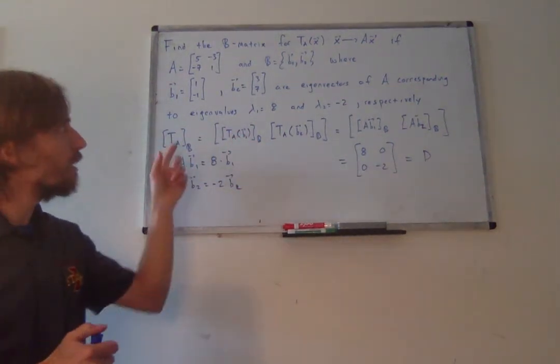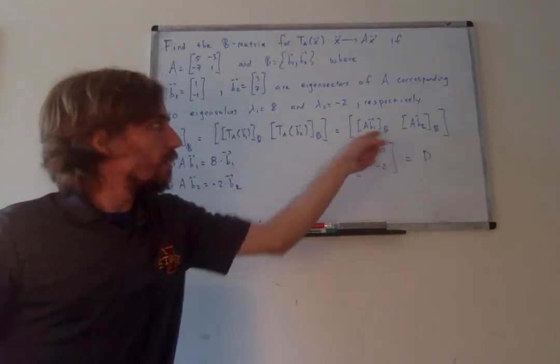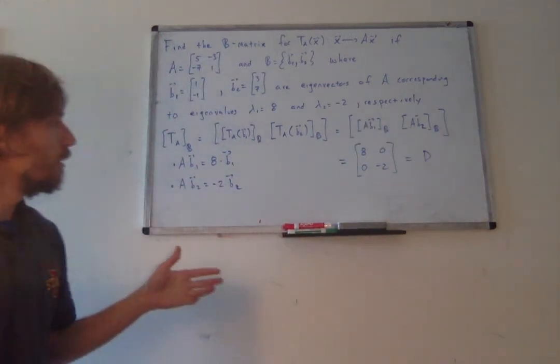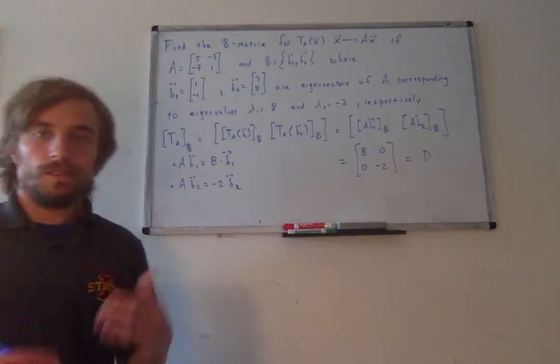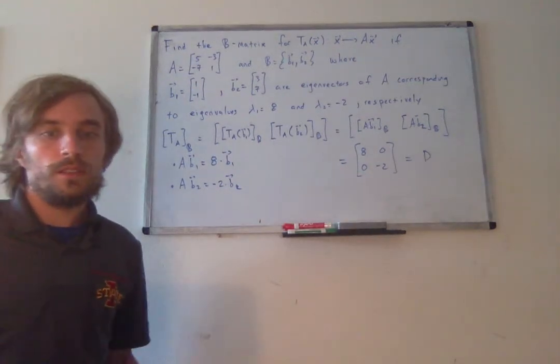That because A and D were similar in this way, and this is ultimately what the linear transformation T is representing, this is sort of where we get this idea that the B matrix for T is actually just this diagonal matrix.